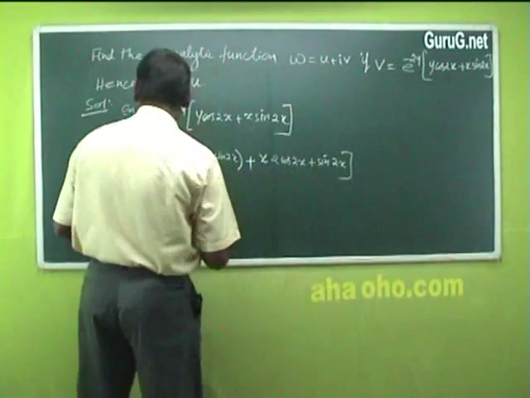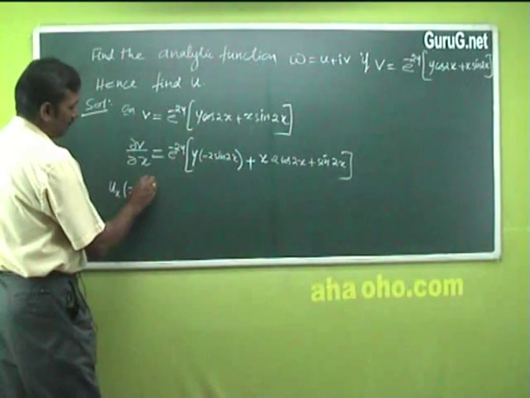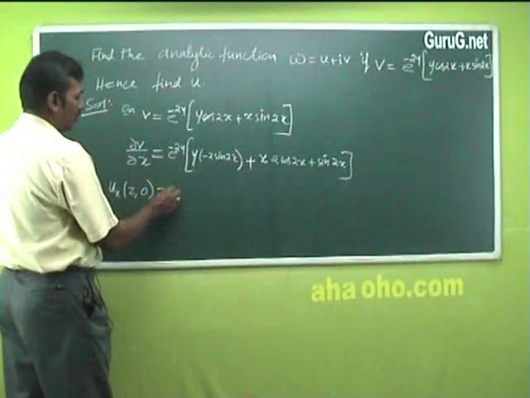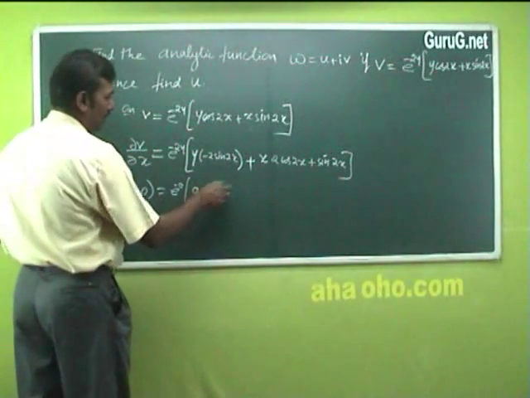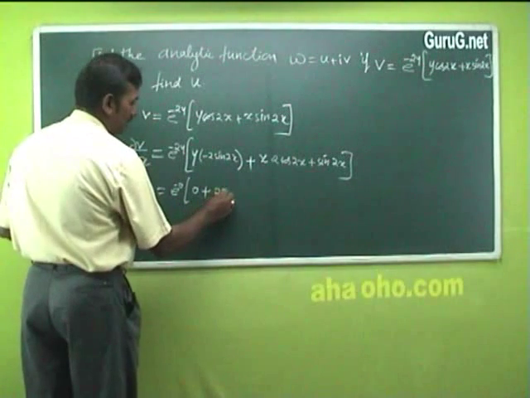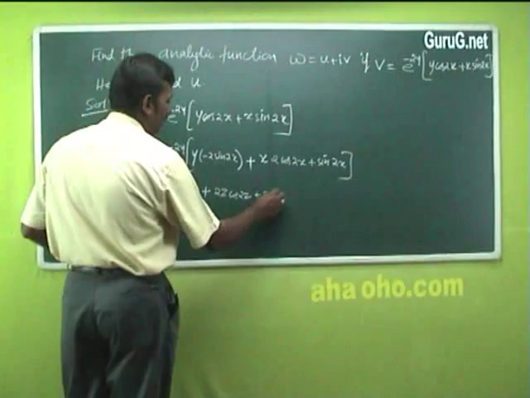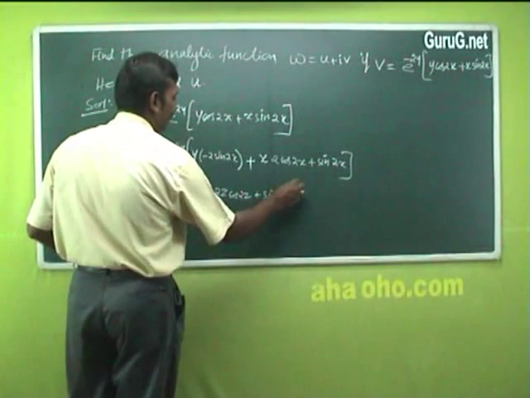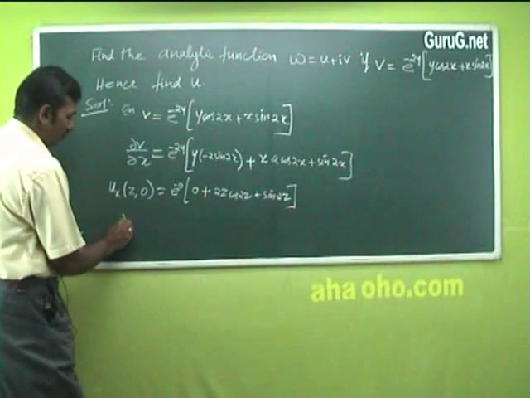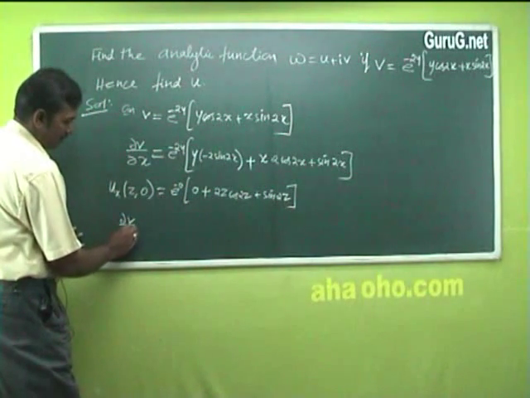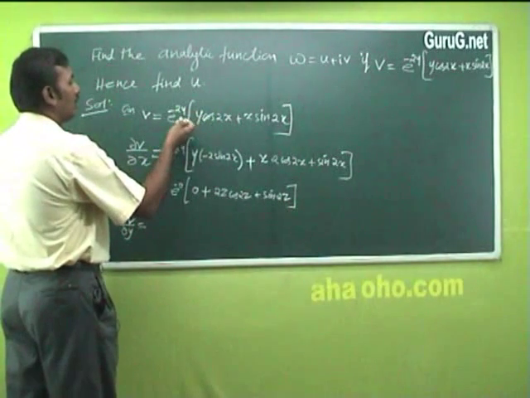Right? So vx of z comma 0: replace x by z and y by 0. So e power 0, so this is 0 plus 2z cos 2z plus sin 2z. Then dou v by dou y, so differentiate partially with respect to y.